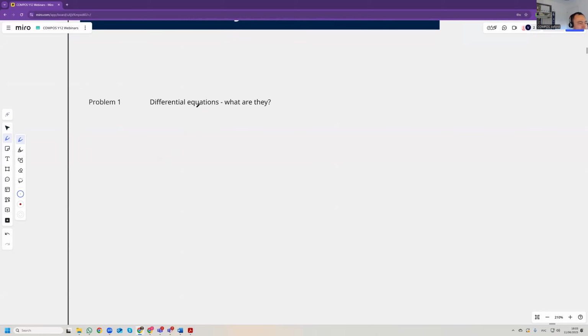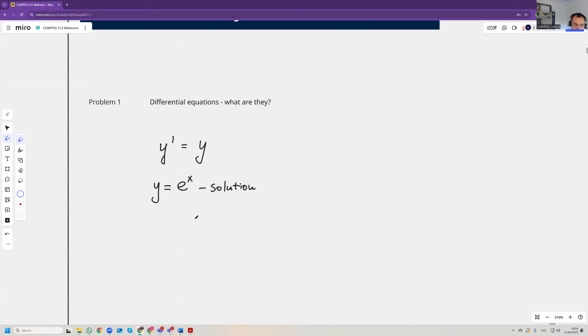For example, if you say the derivative of y is equal to y, it's a very simple differential equation, and the solution would be y equals e to the power x.